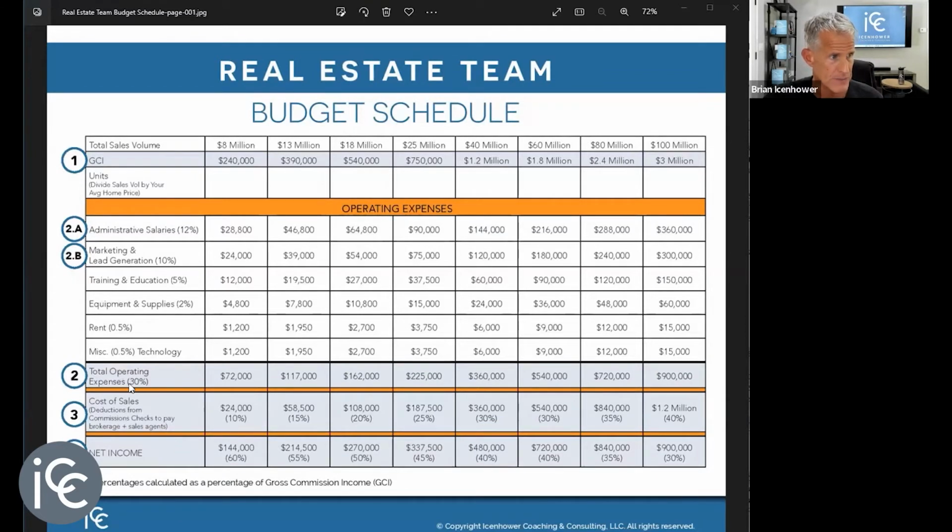Remember, your operating expenses should be 30% of your number one GCI number. Of that, 10% of the 30 is marketing and lead gen, 12% of the 30 is administrative. So that's 22% of the 30. That's more than two-thirds of your expenses coming from those two categories.